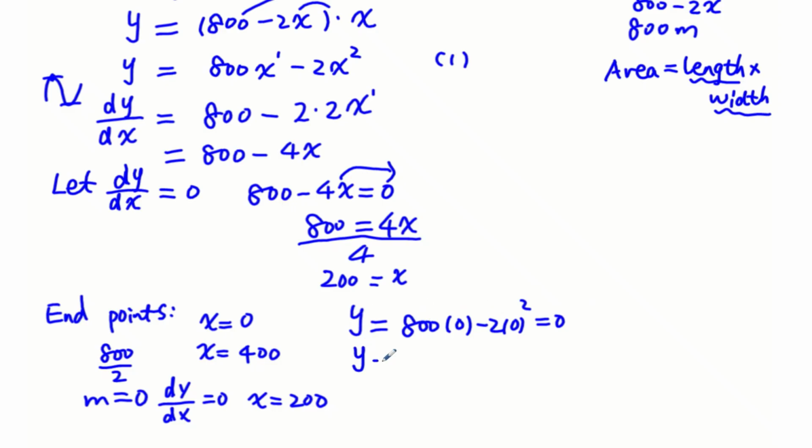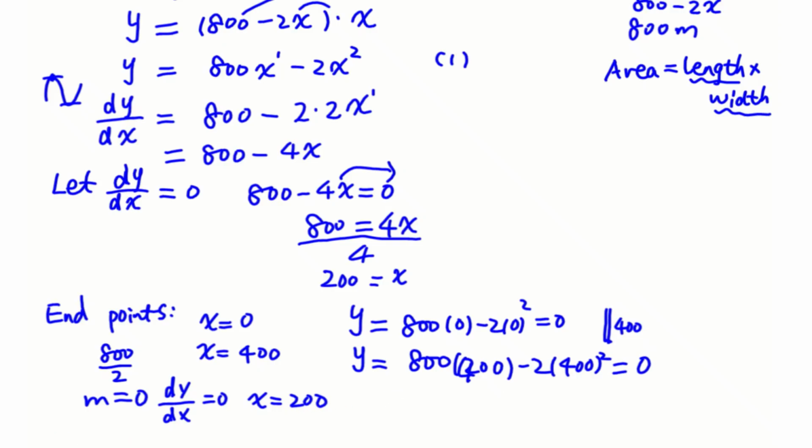Then this one, you have 400. The length is 0, so we are going to have 800 times 400 minus 2 times 400 bracket squared. You do the calculation, it will give you the area is 0 again.